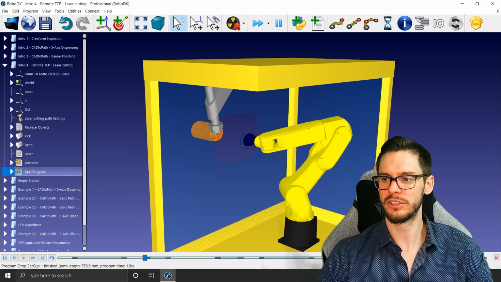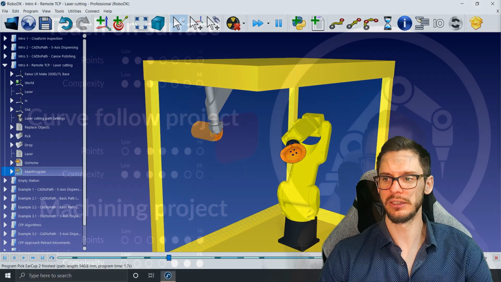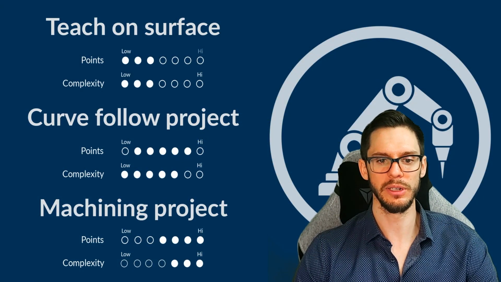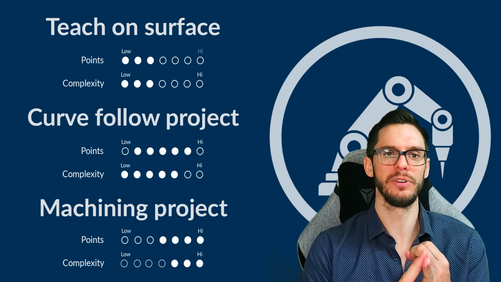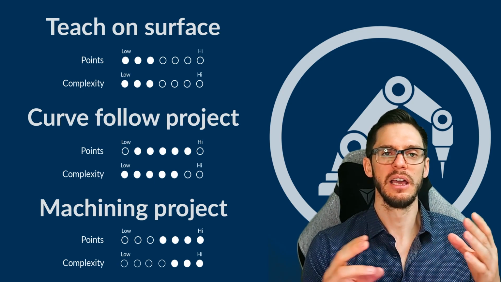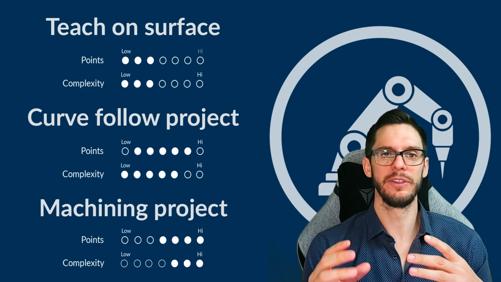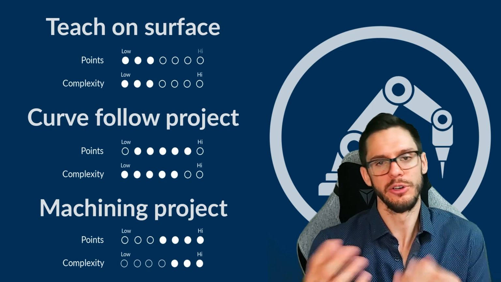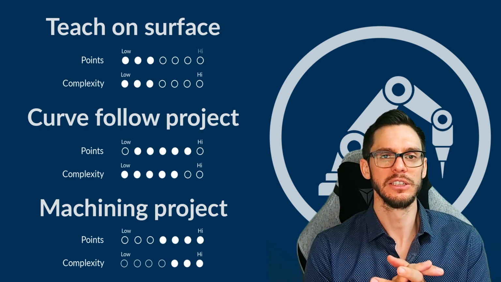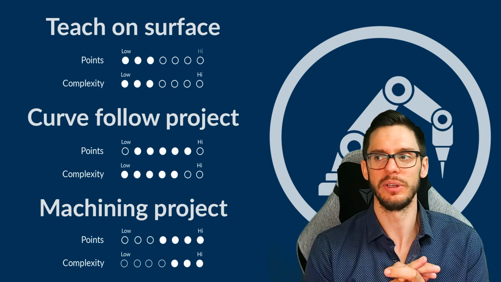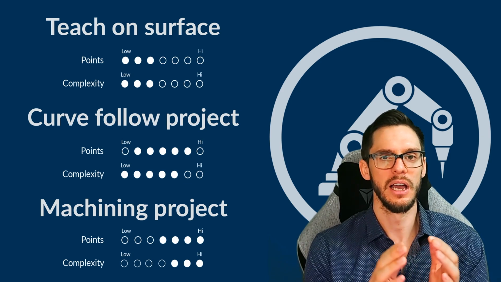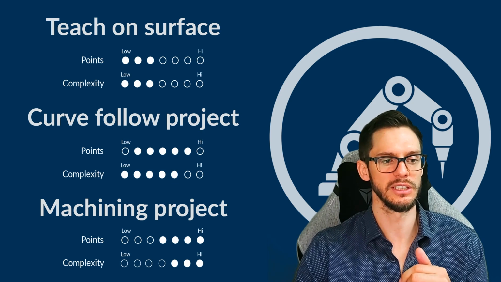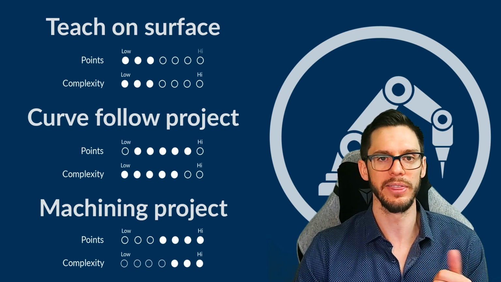Okay, so just before going with the real demo, I have a little slide real quick right here. As I said, we have teach on surface, we have curve follow project, and we have machining project. All of those have their strength, or their purpose. Teach on surface is really there for simple programs, simple applications with just a small amount of points.